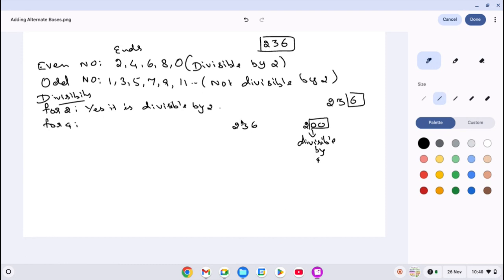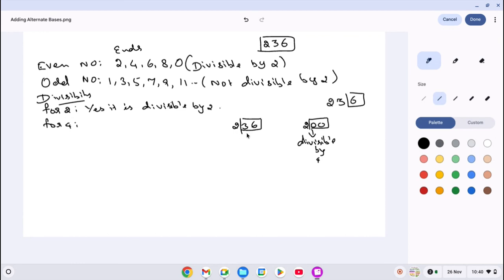You have to take the last 2 digits. Say the 4th table for the last 2 digits. 4 ones are 4, 4 twos are 8, 4 threes are 12, 4 fours are 16, 4 fives are 20, 4 sixes are 24, 4 sevens are 28, 4 eights are 32, 4 nines are 36.